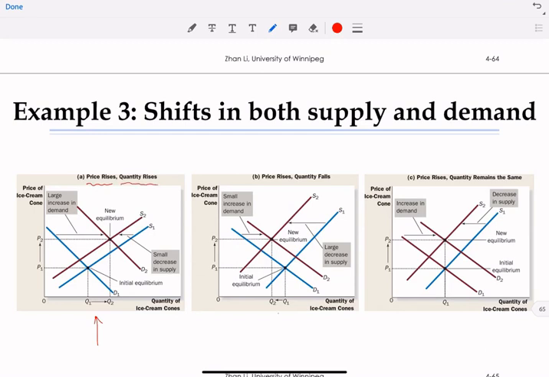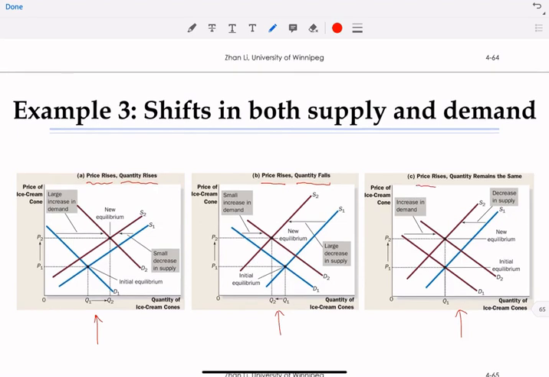And then this is the case when we observe a small change in the demand curve, but there is a large shift in the supply curve. In this case, we could see that price rises and quantity falls. And if you look at this third case, which is a very special case, you can see that the shift distance in the demand curve and in the supply curve are the same, right? So in this case, price rises, but quantity remains the same.